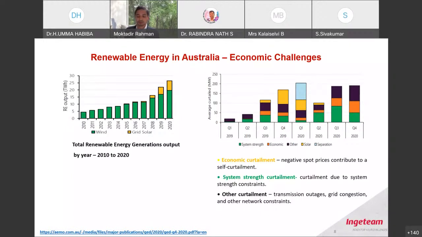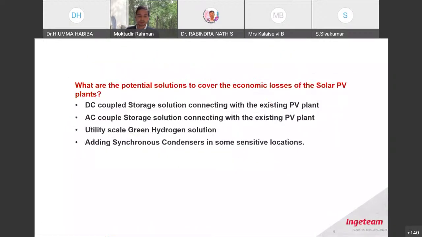And what are the solutions for that? What are the potential solutions to cover these economic losses? Currently, in the research area and in the market, there are a few solutions that have been advised or considered.